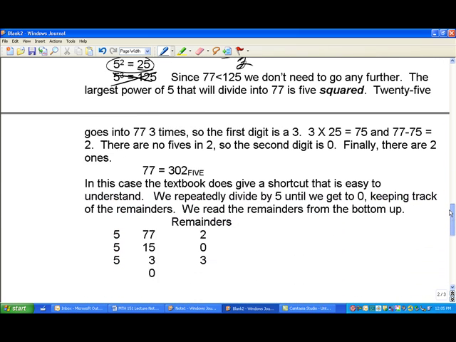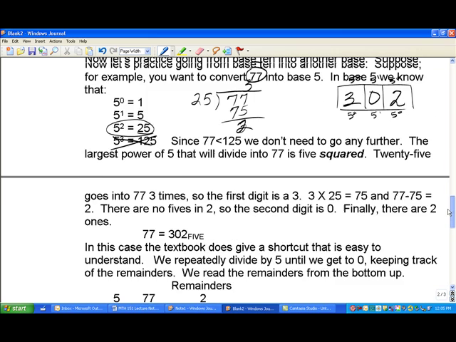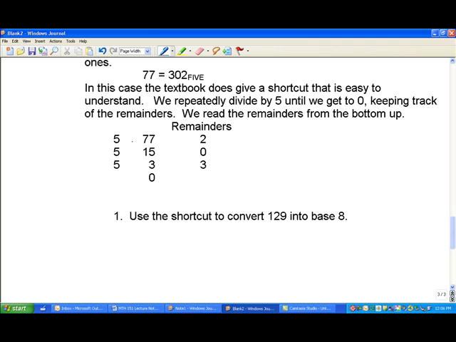There is a shortcut on this that I do use sometimes, and you may choose either method, whichever one makes more sense to you. Basically, with the other method you divide your number repeatedly by 5 and keep track of the remainders. 5 goes into 77 15 times with 2 left over. 5 goes into 15 3 times with nothing left over. 5 goes into 3 0 times with 3 left over.